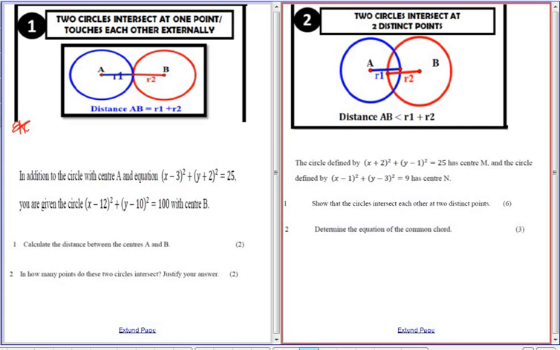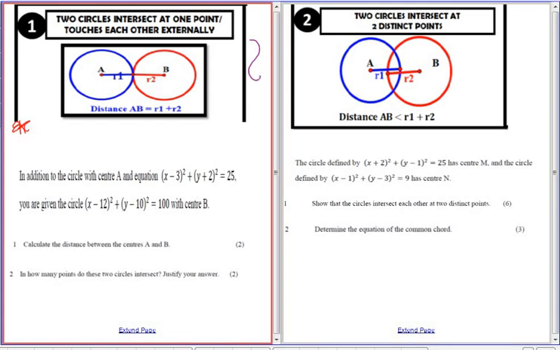If they touch at one point like here, it's about the distance between the centers. What you are only expected to do is to know the center of one circle and the center of the other circle. If you have the two centers of the circle, you can easily calculate the distance AB, as you can see on this diagram right here.